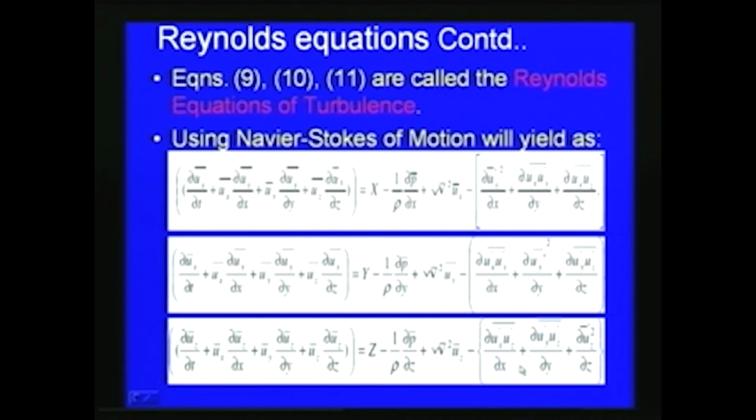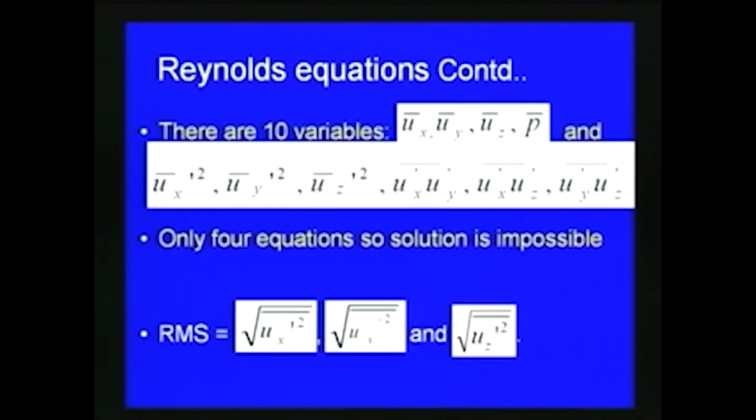This is the Navier-Stokes form of the equation of turbulence in z direction. So, either we can solve the Reynolds form of the turbulence equation, or we can use the Navier-Stokes form of the turbulent flow equations to get a solution.